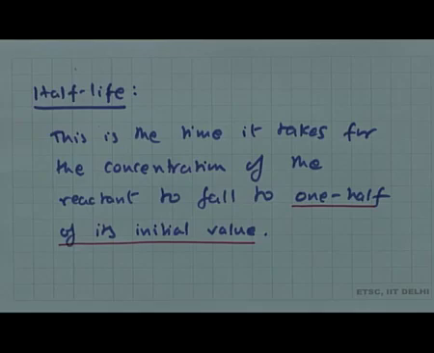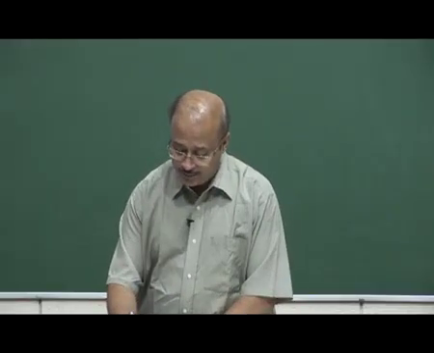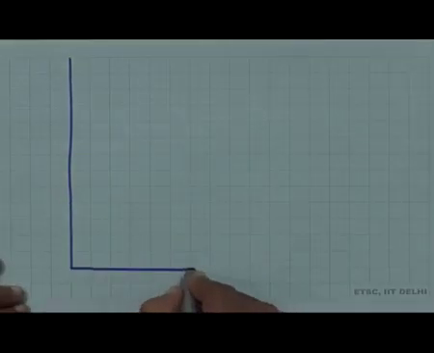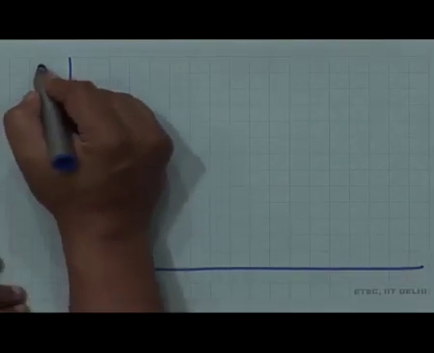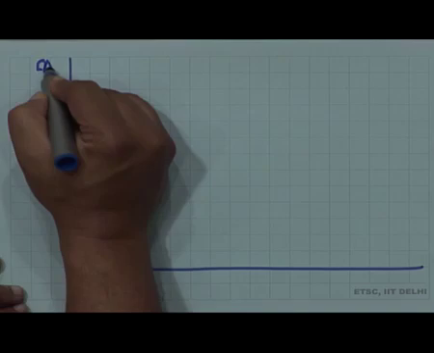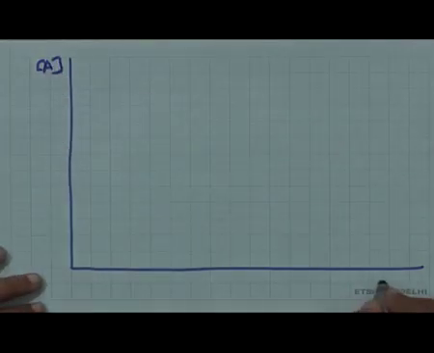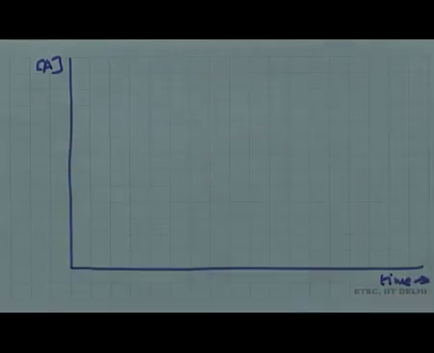How do we visualize this on the kinetic profile itself? Again as usual, let us draw a kinetic profile. As we always say, this is the concentration of the reactant A, and this is time, whatever unit it be, seconds, minutes, hours.